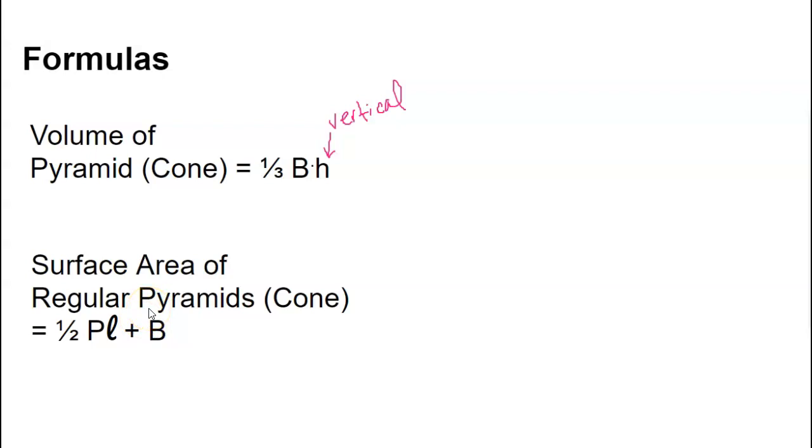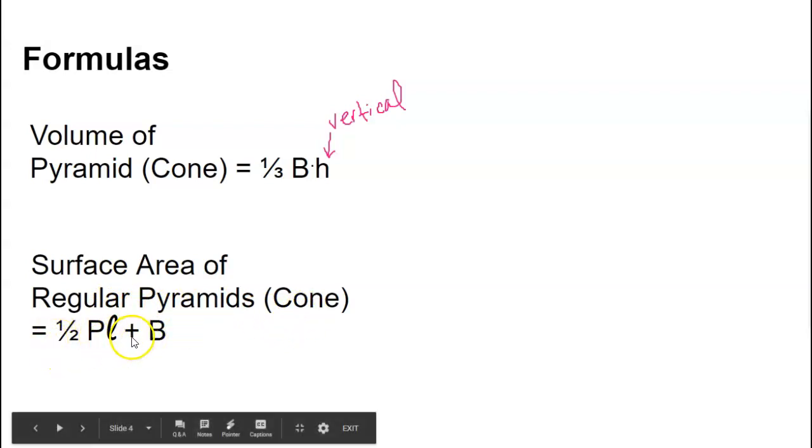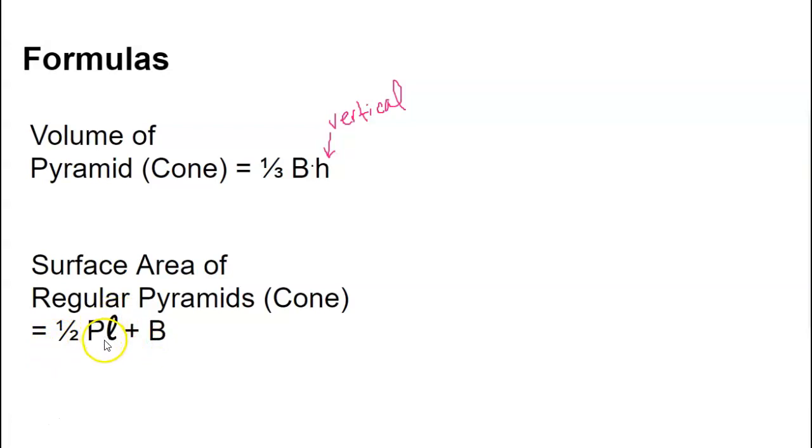And in geometry, regular has a very specific meaning: all the sides and all the angles are equal. If you have a regular polygon for your base, or if it's a cone and your base is a circle, then you can use this formula to find surface area. It allows us to find that lateral area a little bit easier. But if it's not a regular pyramid, then you are going to have to find the area of the base and the area of your triangles around the side and add it up.